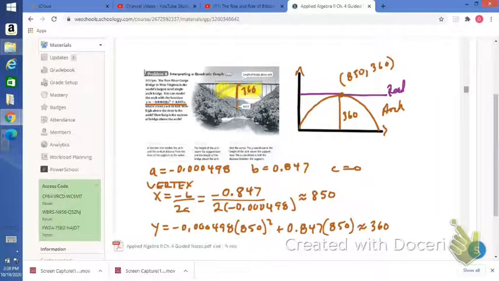So we have to add in that 516. So 360 plus 516, and we get approximately 876 feet above the river.